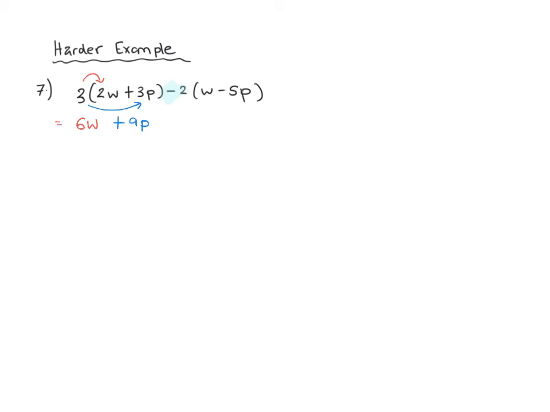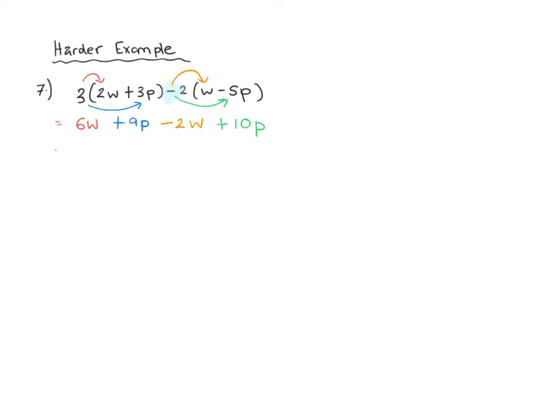I then look at the next bracket, and it's a negative 2 multiplied by w, so that gives me negative 2w. And to finish off, I have negative 2 multiplied by negative 5p, that is a positive 10p.